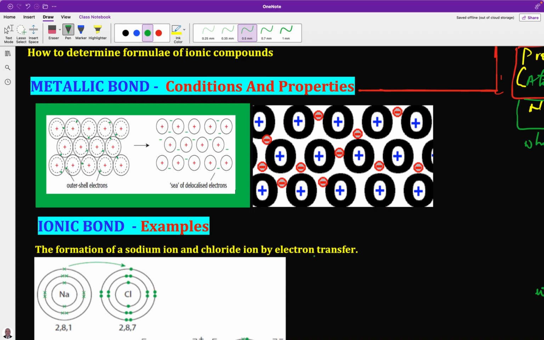From the diagram, I can conveniently tell you that this is the electrostatic force of attraction between positively charged ions and negatively charged delocalized electrons, or negatively charged delocalized sea of electrons.